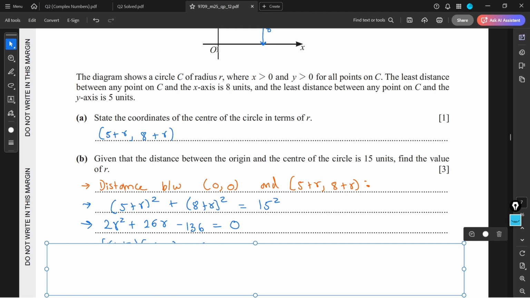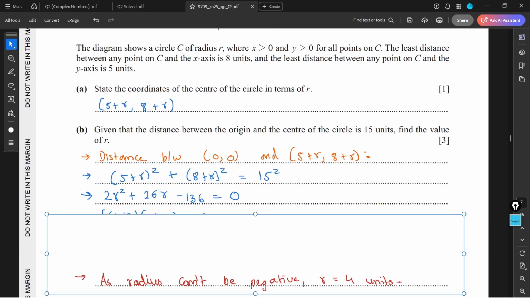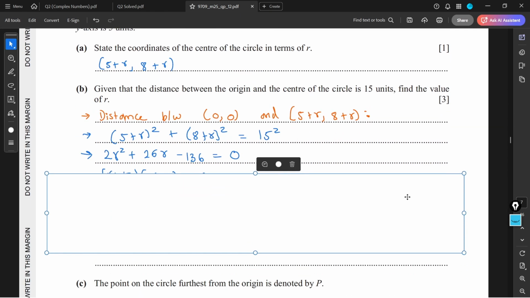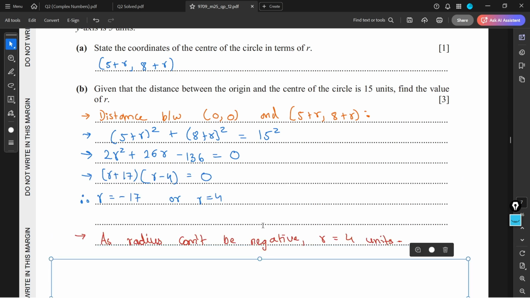Because one of the points is 0 comma 0, 5 plus r minus 0 is just 5 plus r. Similarly, 8 plus r minus 0 is just 8 plus r. So (5 plus r) squared plus (8 plus r) squared is equal to 15 squared. Then just go ahead, open these brackets and solve this question. The final answers for the radius you will be getting are minus 17 and 4. Now because minus 17 is a negative value, and radius cannot be negative, this means that r equals 4 is the only solution.